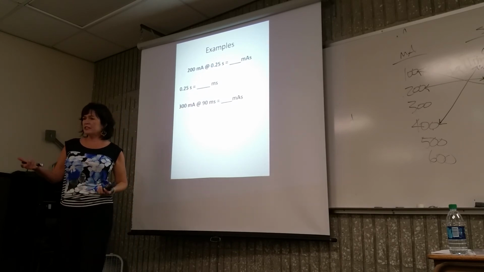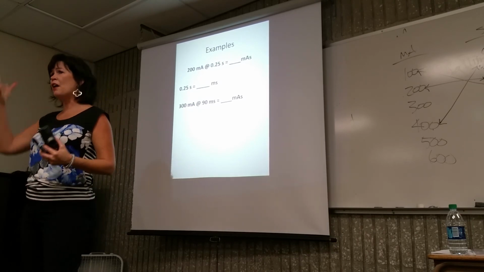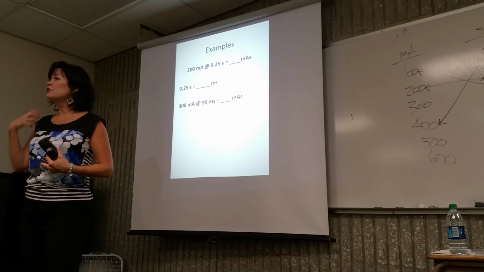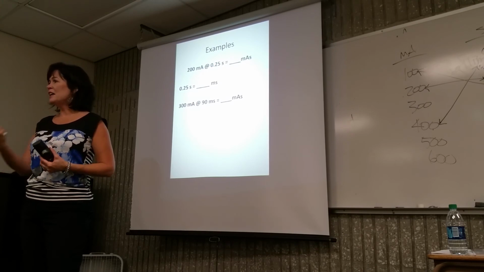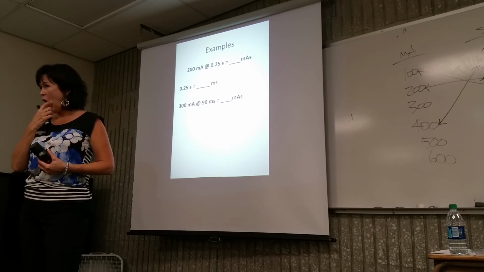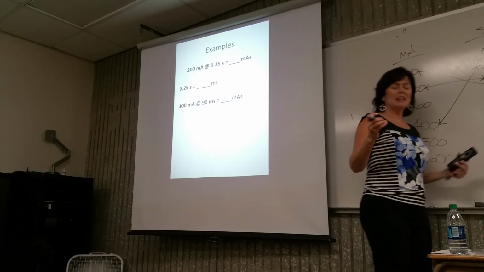Now, I don't mind you using calculators in here, not a problem until you get kind of used to these things and how it works. But out in the hospital, if you're setting your own technical factors, you're not pulling out a calculator. So we saw some pretty funny numbers in lab.